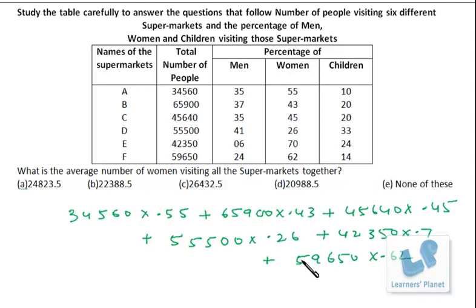So the entire calculation, if it is divided by 6, we will be getting the average number of women visiting a supermarket, right? So definitely it is a very huge calculation, right?